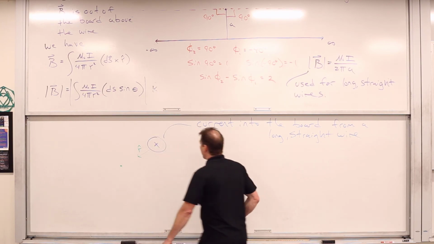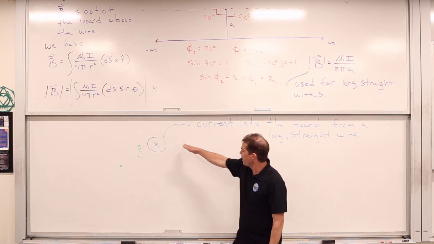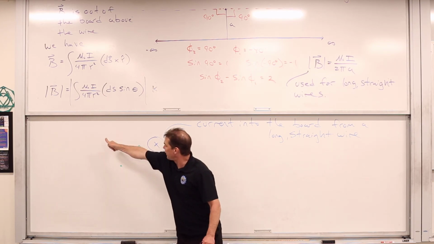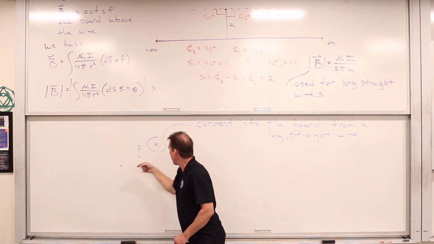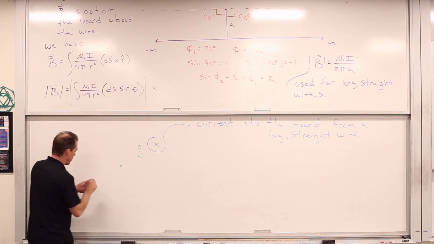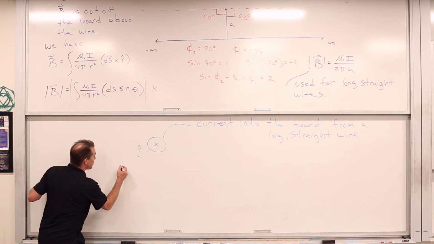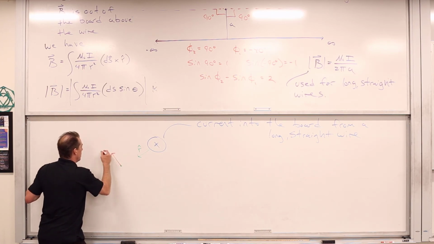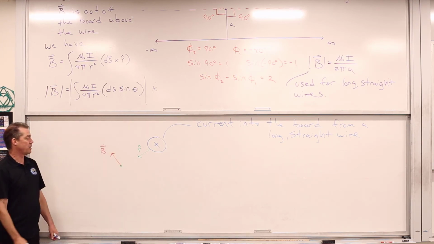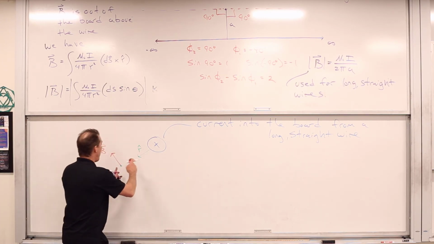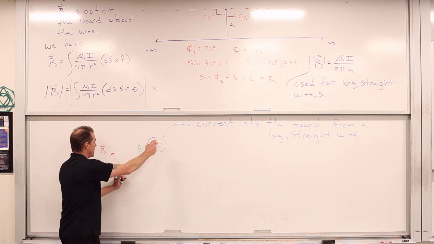So if I do fingers into the board, palm oriented facing that position in space, I get that the magnetic field in this particular case is that way, perpendicular to the radial direction. So for this particular location, the magnetic field would be in that direction. It would have a magnitude mu 0 I over 2 pi A, where A is the distance away.